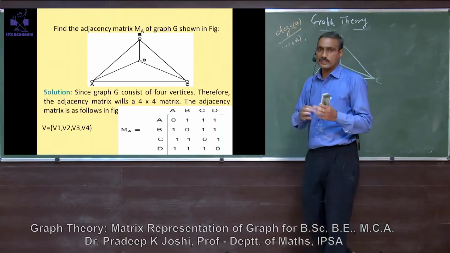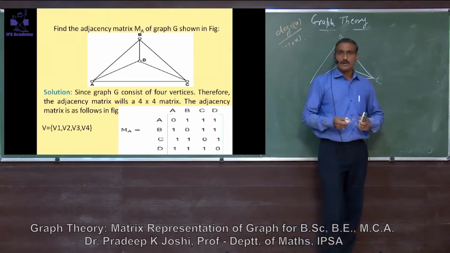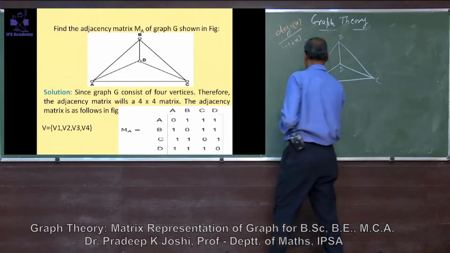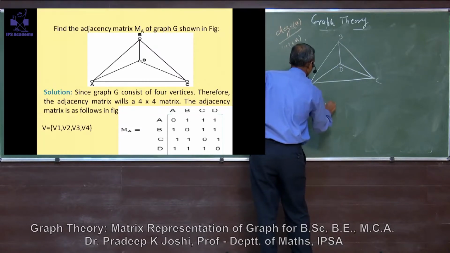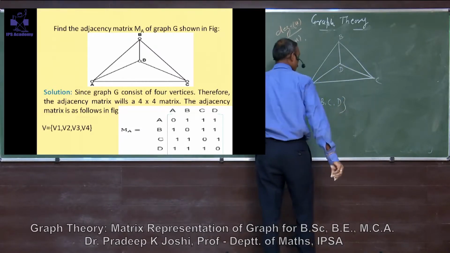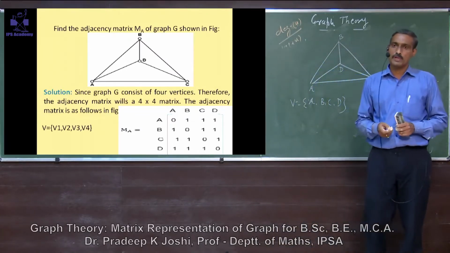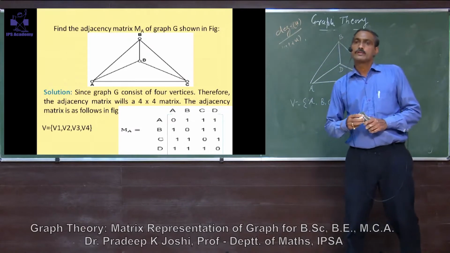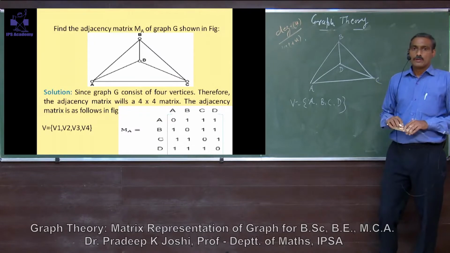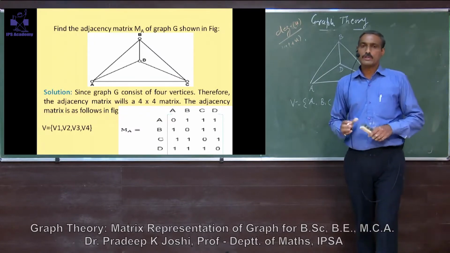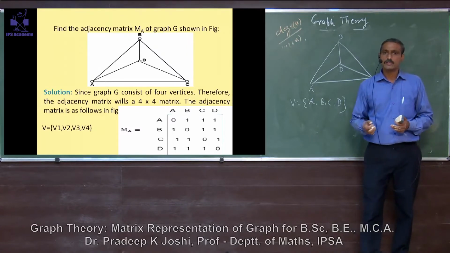We only have to find the adjacency relationship between vertices. How many vertices are in this graph? V = {A, B, C, D}. There are 4 vertices, so the order of the adjacency matrix will be 4 by 4, a square matrix. Since graph G consists of 4 vertices, the adjacency matrix will be of order 4 by 4.